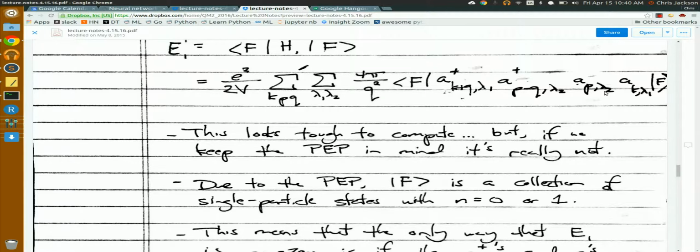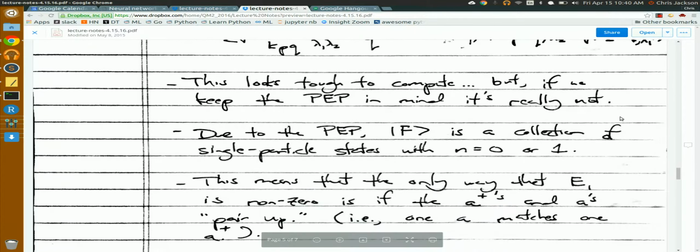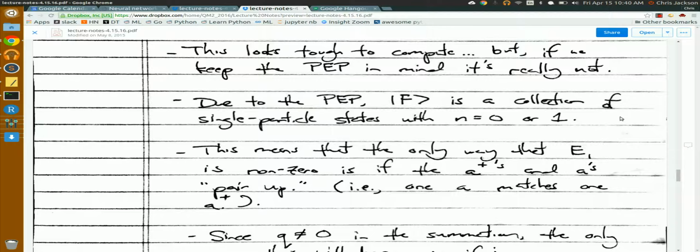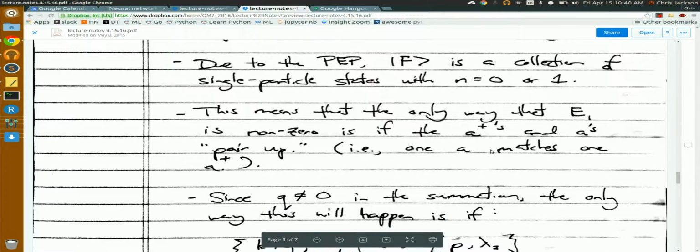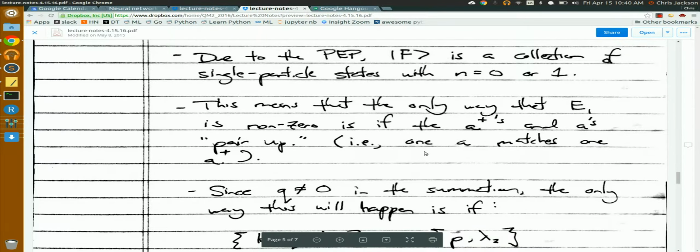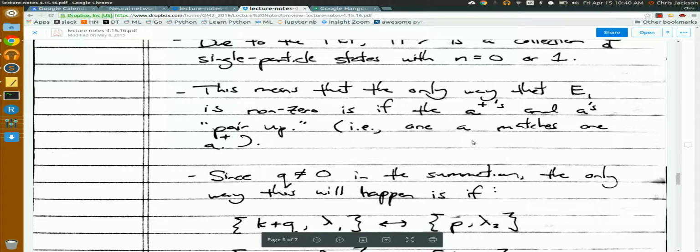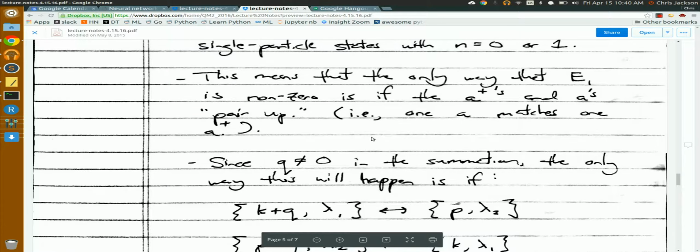So this is kind of the same situation. The only way that this E1 is going to get a contribution is if the a's and a daggers pair up. In other words, one a matches one a dagger, and by match, I mean has the same momentum and spin state.